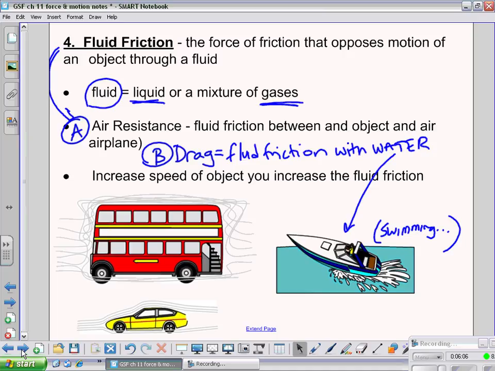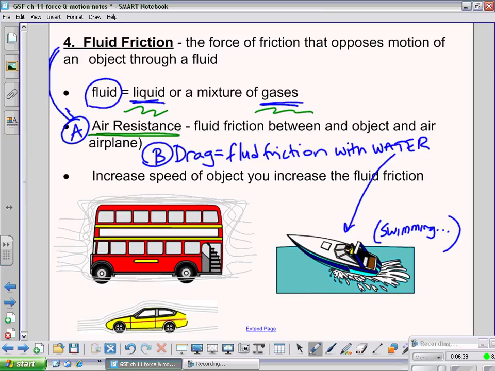The next one is fluid friction, and the term fluid actually means anything that flows. So air and gases are fluids, as well as liquids like water. Fluid friction is just that force of friction that opposes motion of an object through a fluid. Like I said, a fluid is any liquid or gas or mixture of those. Air resistance, we think about air resistance all the time. Tons of people do a lot of work trying to reduce air resistance, make things aerodynamic.